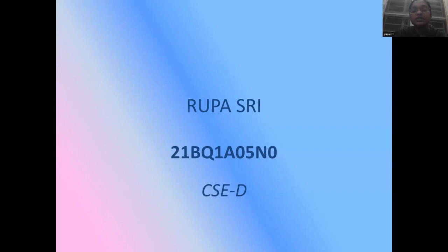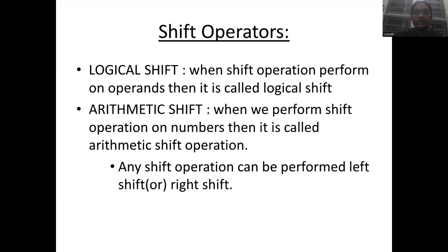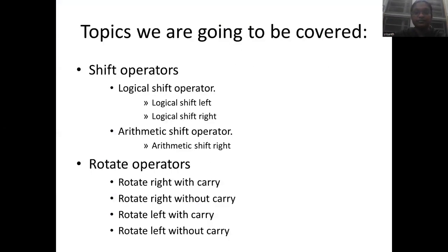Now we are going to discuss the shift operators and rotate operators in computer organization. Let us see in detail. The topics we are going to cover are the shift operators. The shift operators are of two types: logical shift operator and arithmetic shift operator.